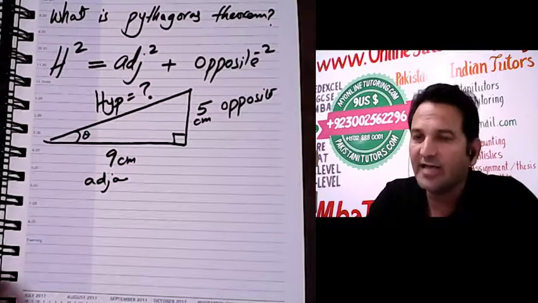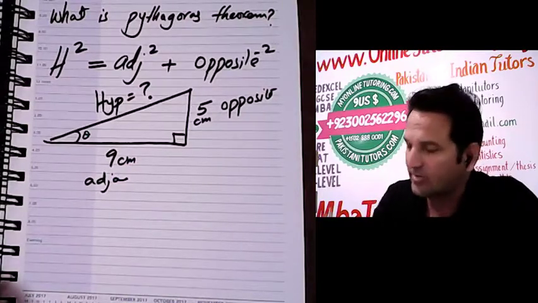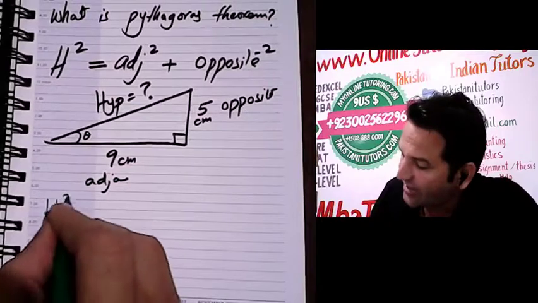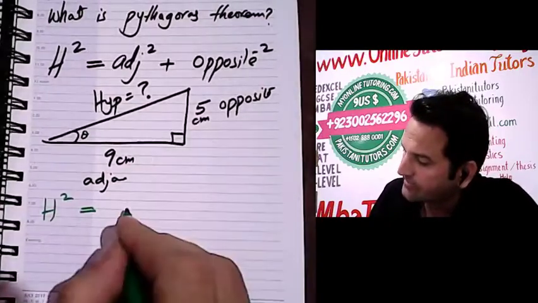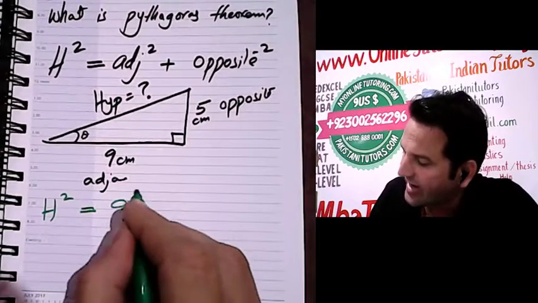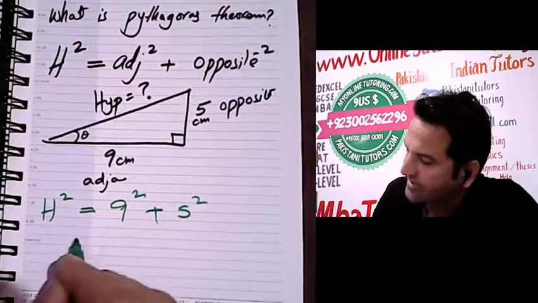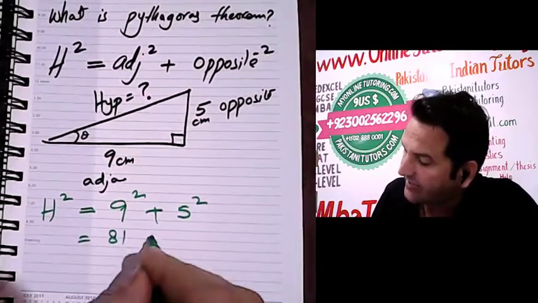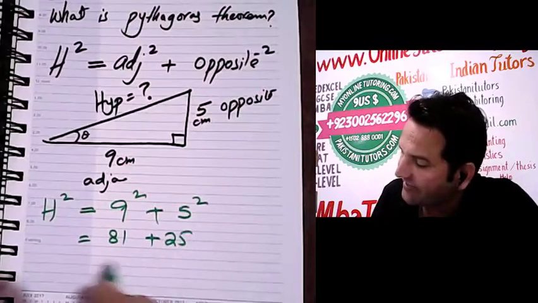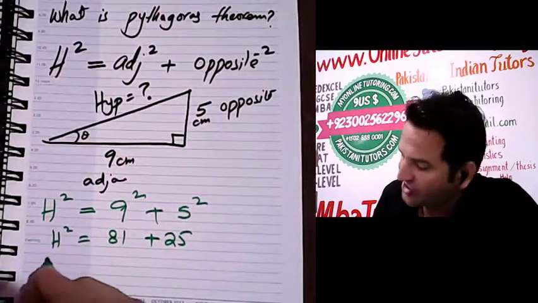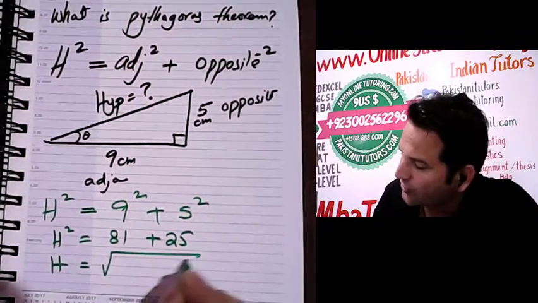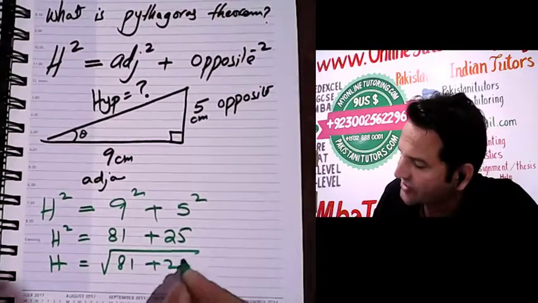Now we want to find out the hypotenuse. So how can the hypotenuse be calculated? H square will be equal to adjacent 9 square plus 5 square. So this will be 81 plus 25. H will be root of 81 plus 25.